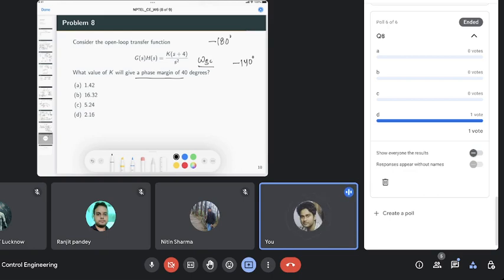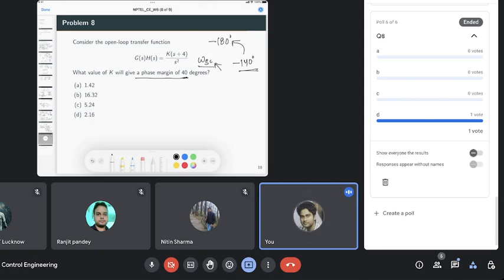Then you can still afford up to minus 40 degrees of phase lag till it reaches minus 180 degrees, which gives the 40 degrees of phase margin. So at this gain crossover frequency the angle of the system is minus 140 degrees, and from that you can easily compute the gain crossover frequency.